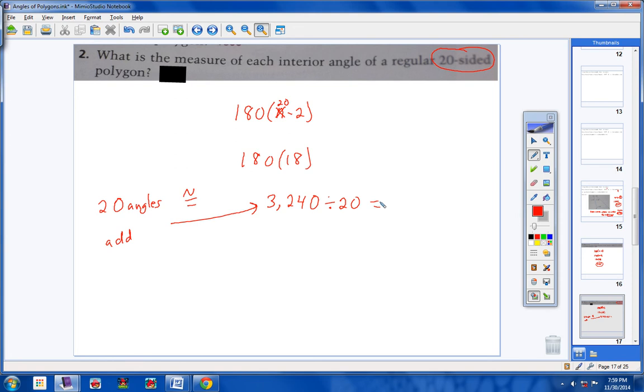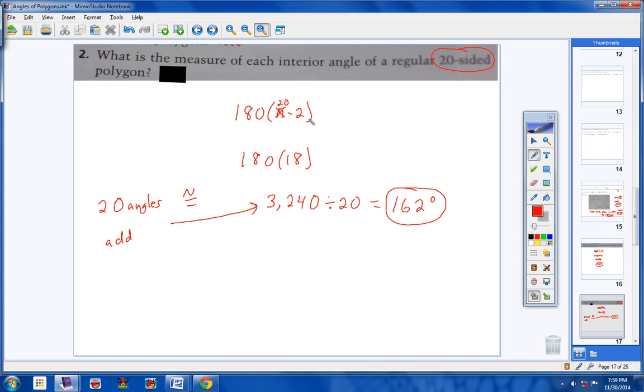So 3,240 divided by 20 gives me 162. So there we go, I found what one of the angles is. One of the angles is 162 degrees.